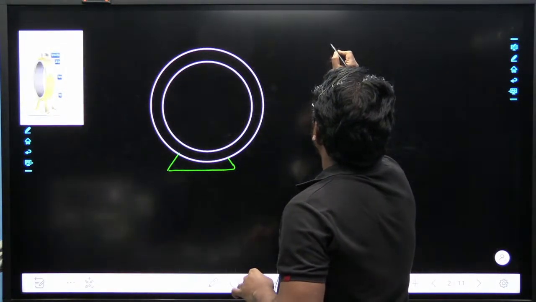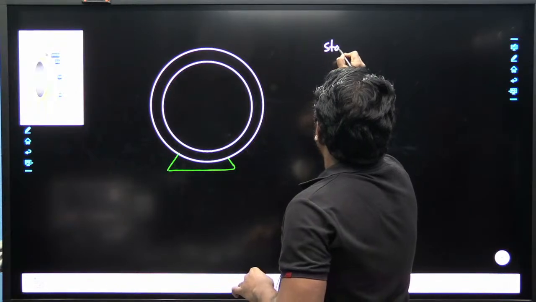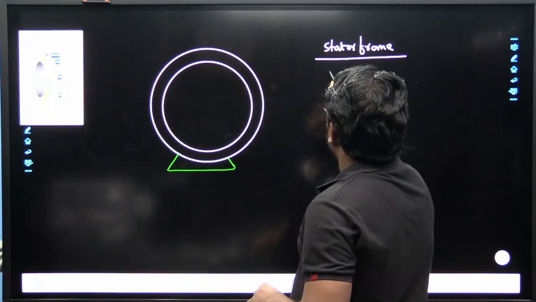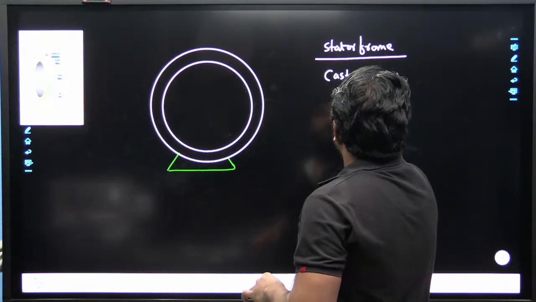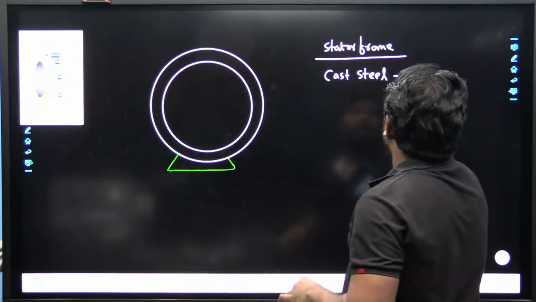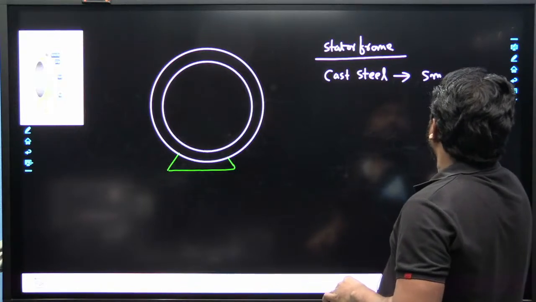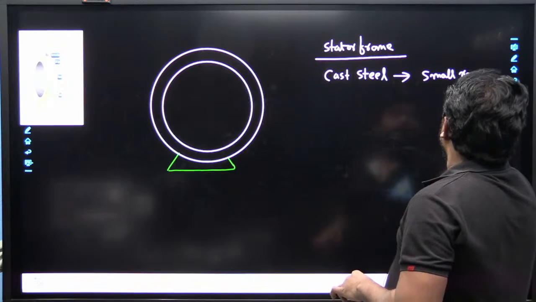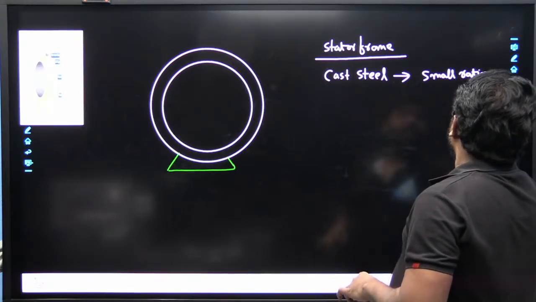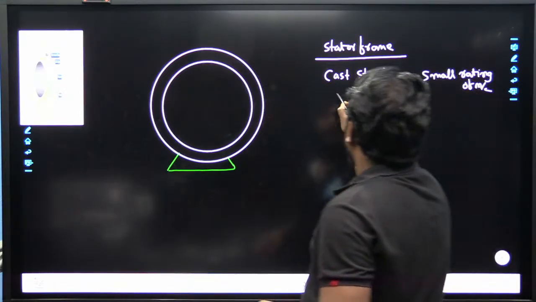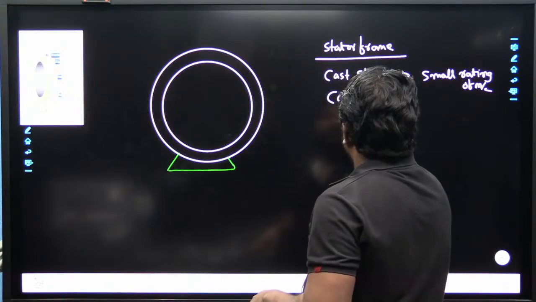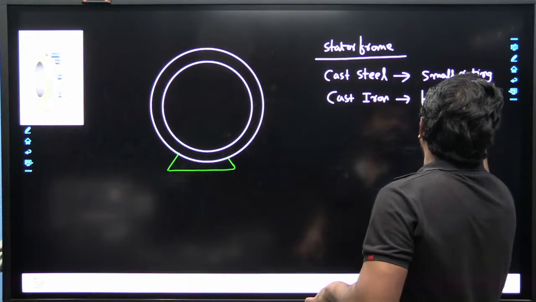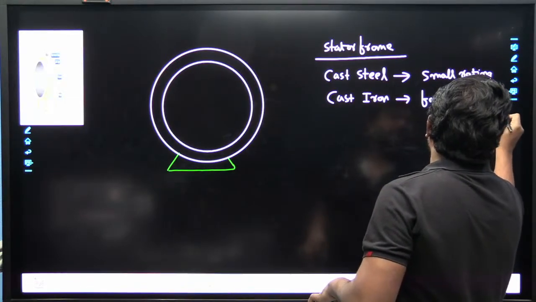So this is the stator frame, made with cast steel for a small rating of the machine, and cast iron for a large rating of the machine. We have two ratings, a large rating as well as a small rating.